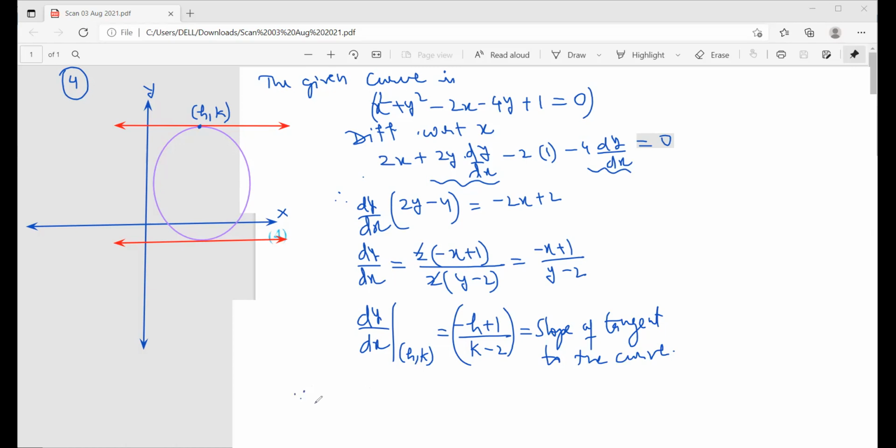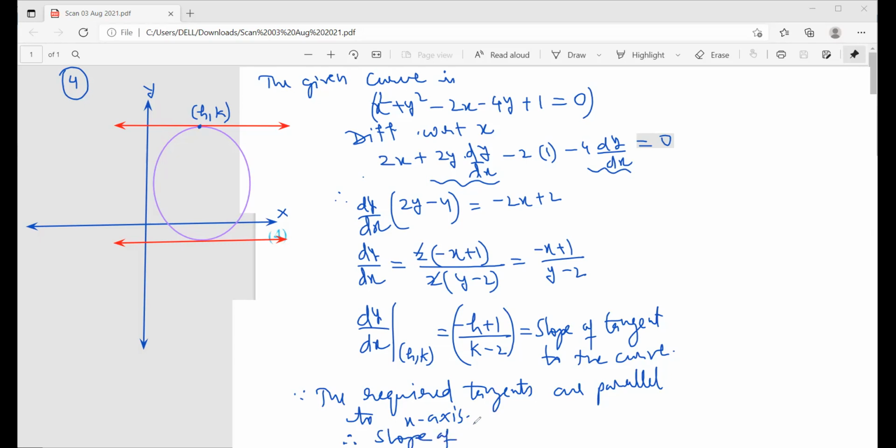So I will write here, since the required tangents are parallel to the x-axis, therefore the slope of the tangents will be equal to 0. You know, any line which is parallel to the x-axis has slope 0.